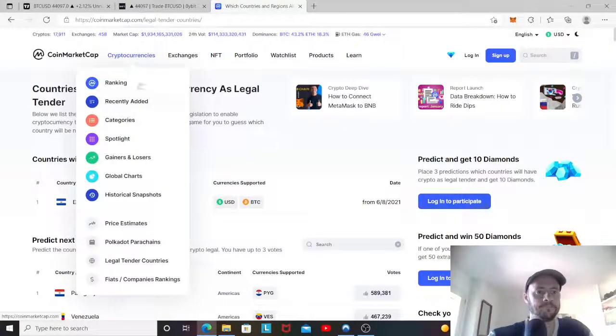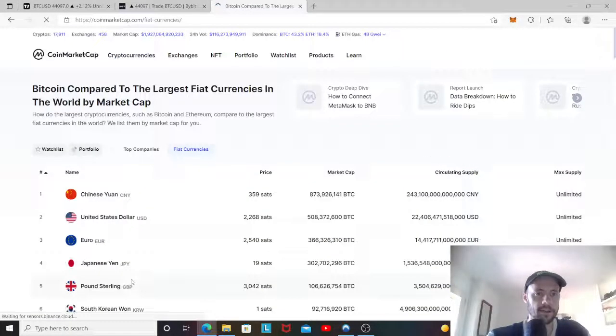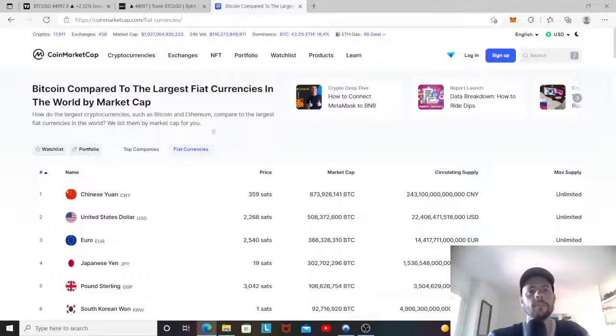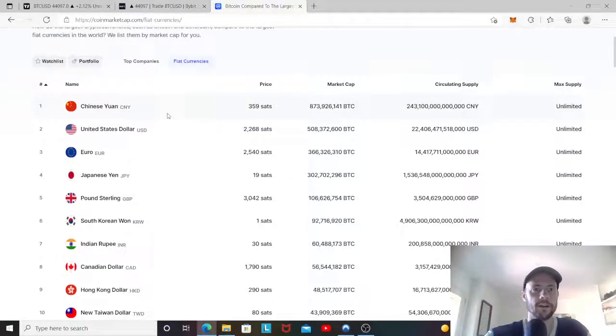And then got this one, fiat/company rankings. So this is Bitcoin compared to the largest fiat currencies by market cap. So you've got the won, the United States dollar, which has a market cap of a lot. Max supply, unlimited. And yeah, so the US dollar has 22 trillion in circulation.